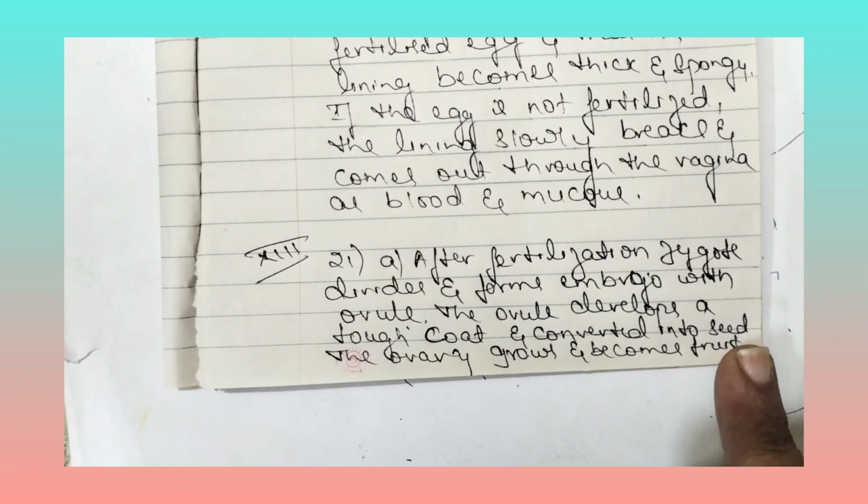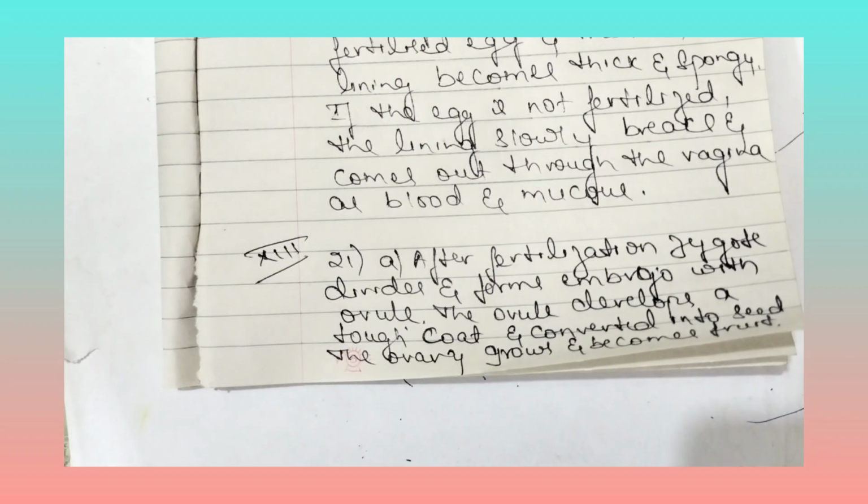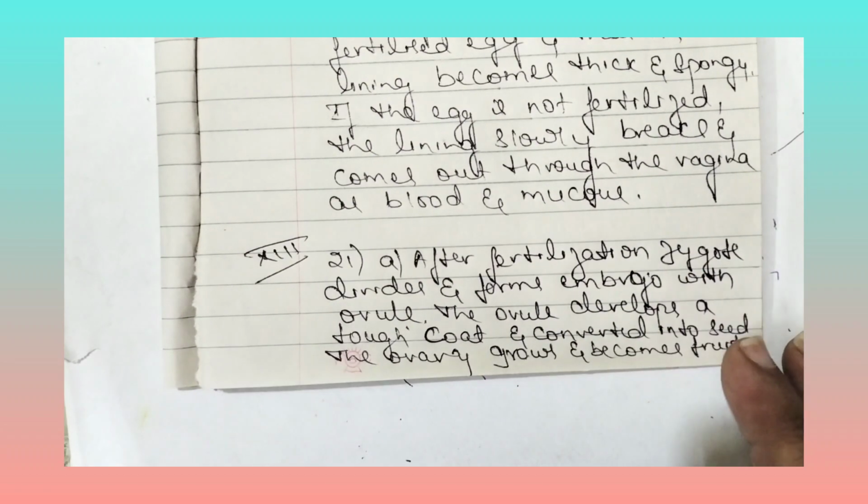The remaining petals, sepals, stamen, style and everything will fall off. These are the changes you can observe in a plant after fertilization in a flower.